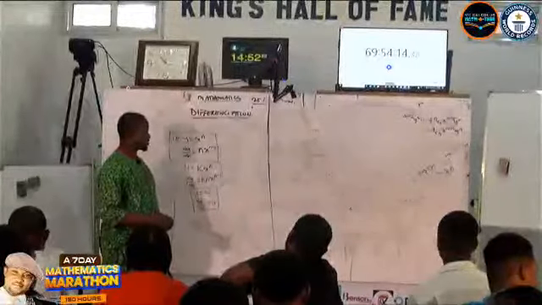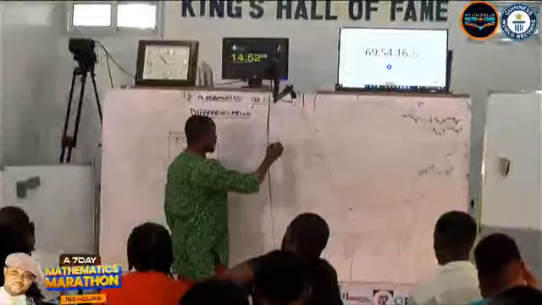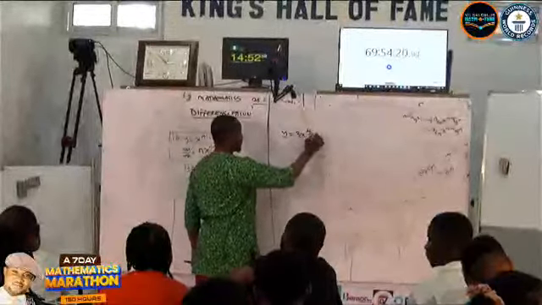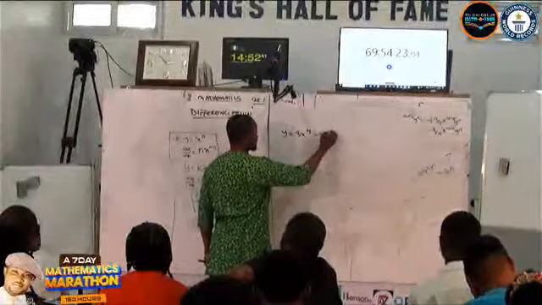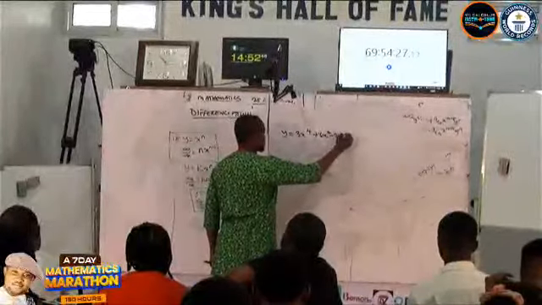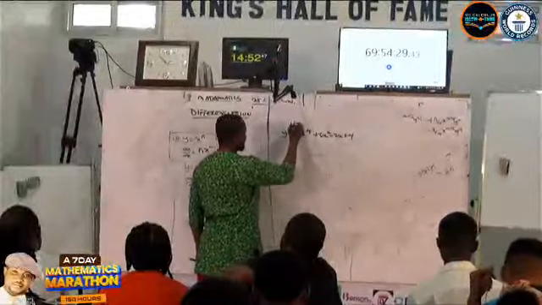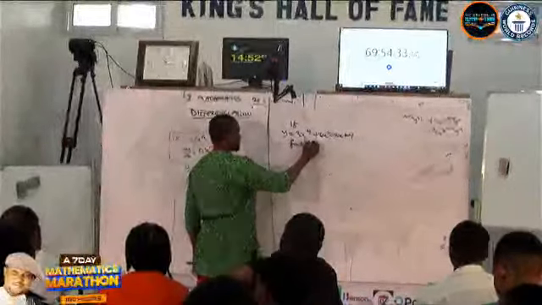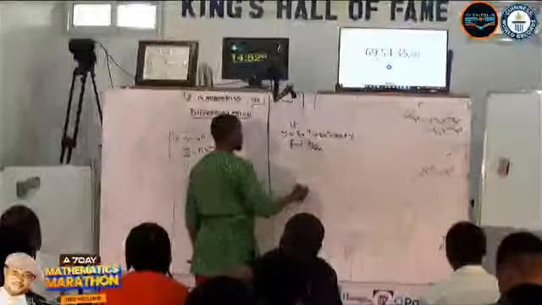So with that, you have y equals 3x^4 plus 6x^2 minus 2x plus 4. If y is this, find dy/dx.